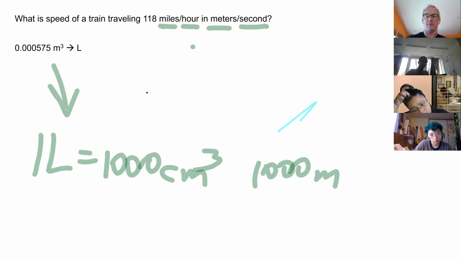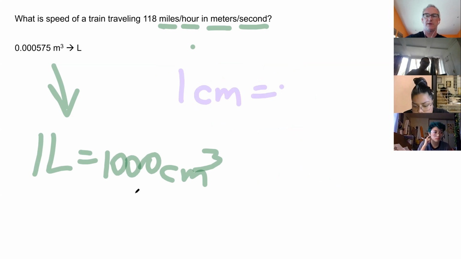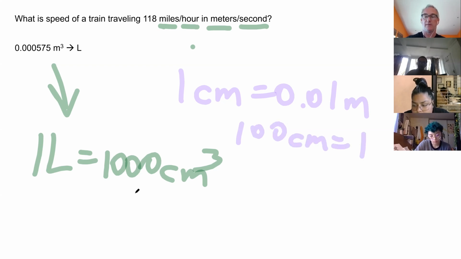A very common mistake, because I make it a lot myself, is, so 1 centimeter is equal to 0.01 meters, or 100 centimeters is equal to 1 meter, right? If you have a ruler, like 1 foot is about 33 centimeters or so. So there's 100 centimeters in a meter.